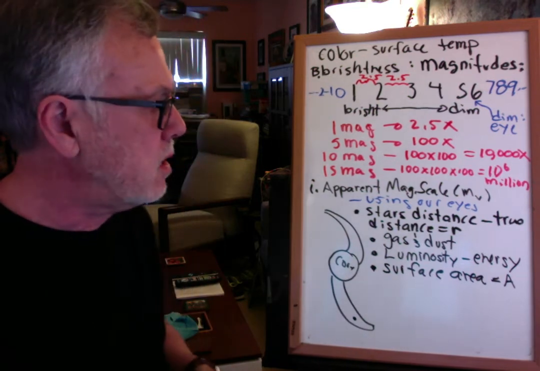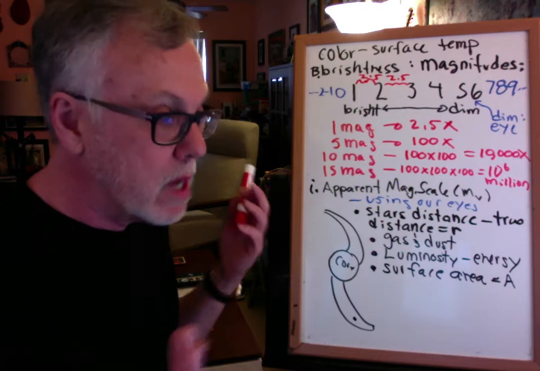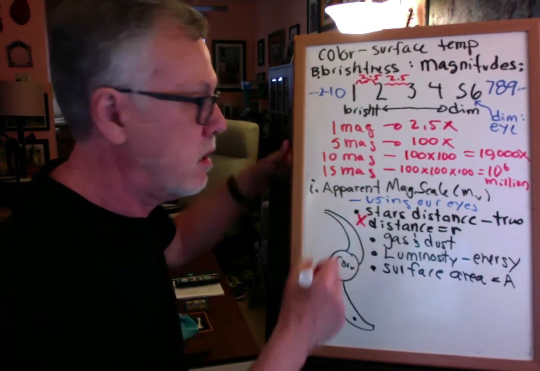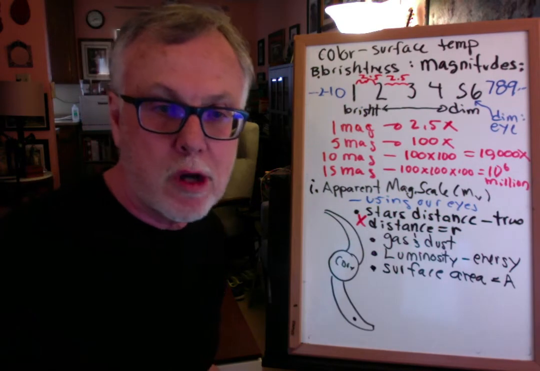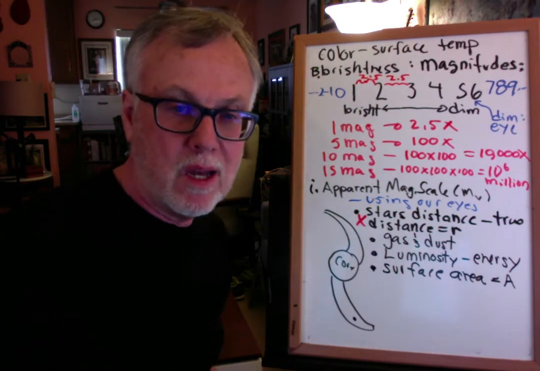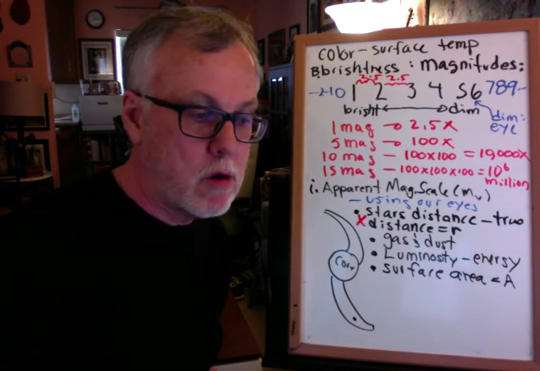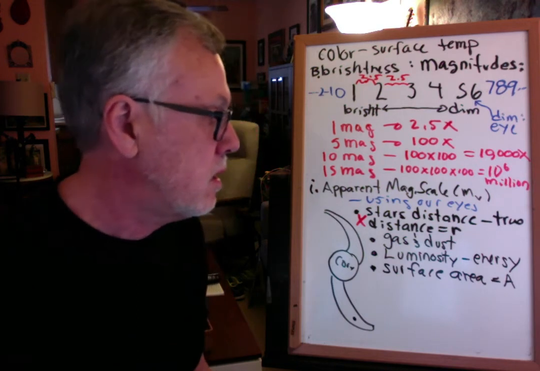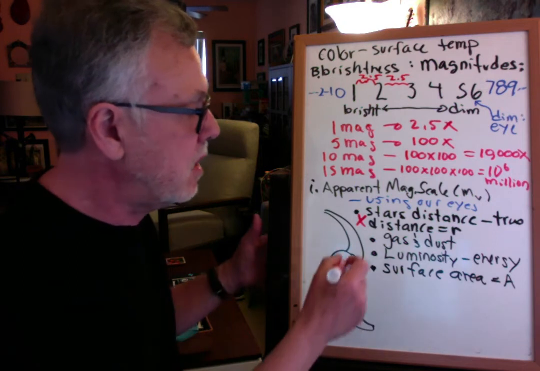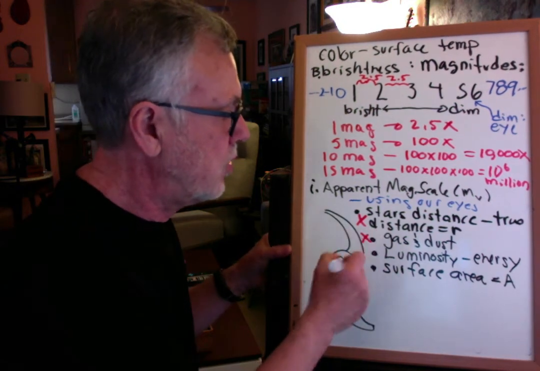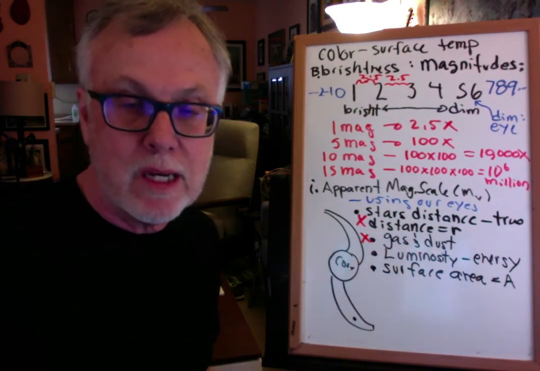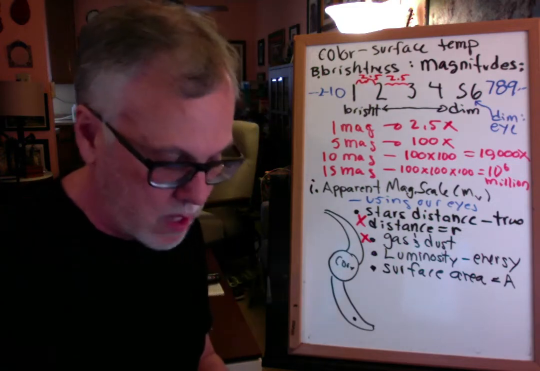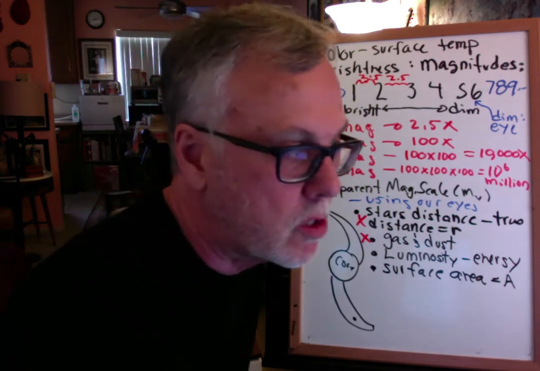And there are 2 things here that certainly don't belong to the star itself, and that is, well, dang it, how far is the star from us? It has nothing to do with the star itself. It just happens to do with where it is compared to where we are. And of course, the other thing that has nothing to do with the star is any gas intervening between us and the star. It's not even a part of the star. So that doesn't matter as far as the star is concerned.